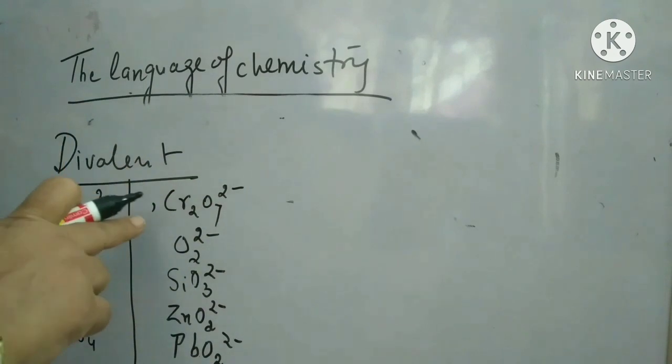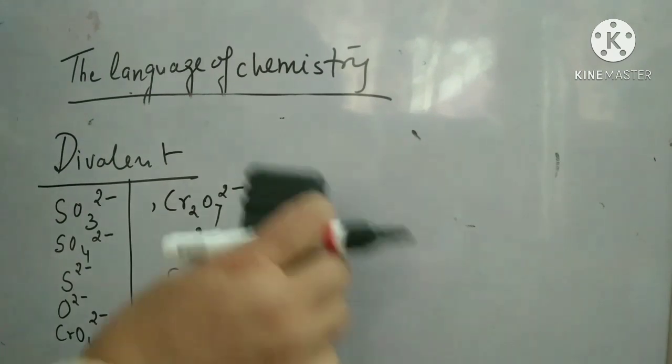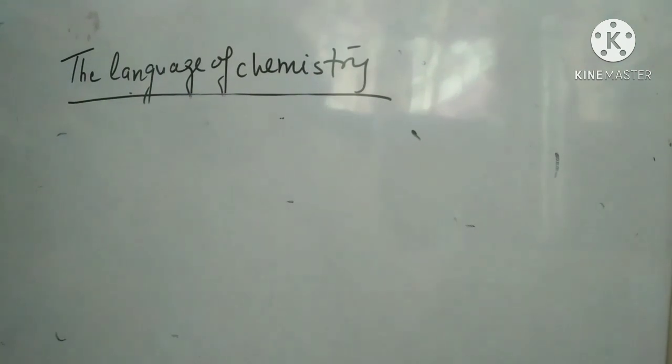They are known as divalent elements. So all these are negative radicals. Now coming to trivalent elements. Trivalent elements are those elements which possess 3 valency.